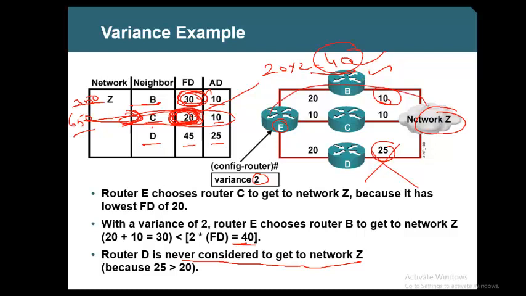So B will be used. This won't even be considered in the topology table, so don't care about it. Is this clear? Unequal cost load balancing. Is this clear? Yes, sir. Right. The lab of this we will do in the next.